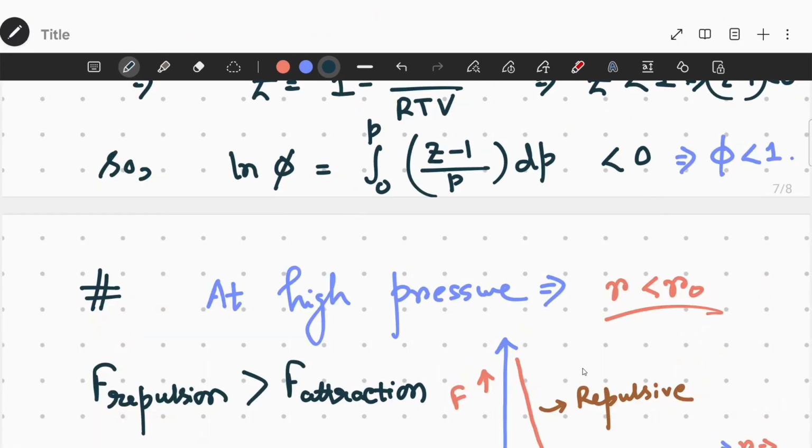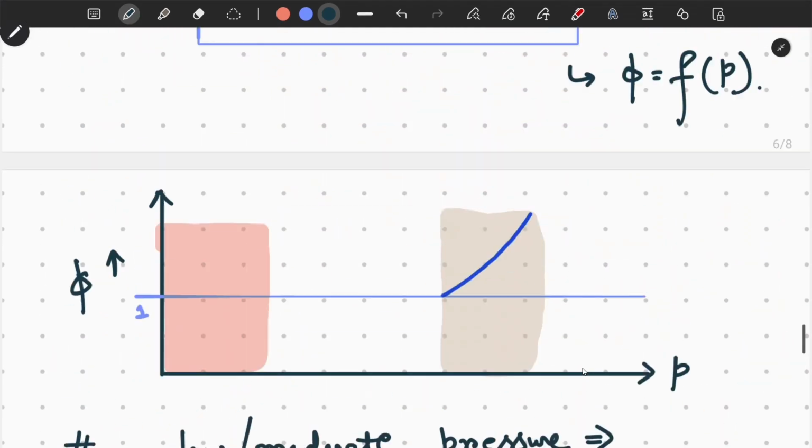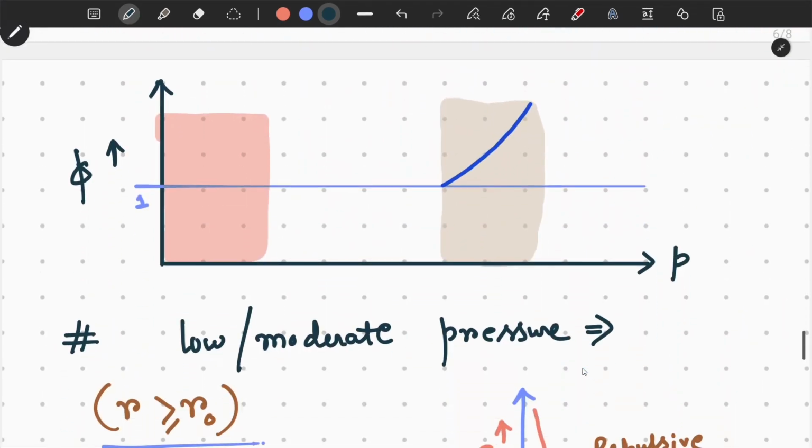So if this is an exponential function, then you can draw it. This should be an exponential curve totally. Like this. This will be the plot, fugacity versus P. Is it clear?